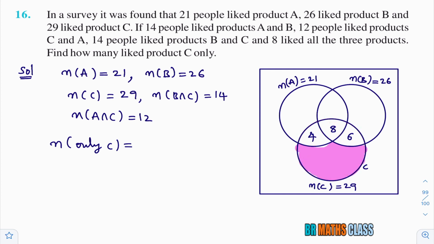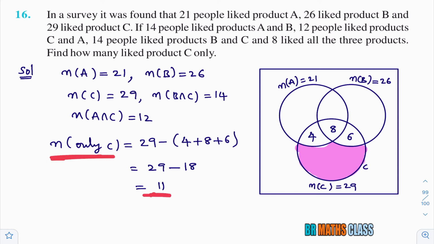So what I'll write here, this is 29 minus of 4 plus 8 plus 6. I hope you understand. 29 minus of 4 plus 6 is 10, 10 plus 8 is 18, 29 minus 18 is 11. So the number of people who like product C only is 11.